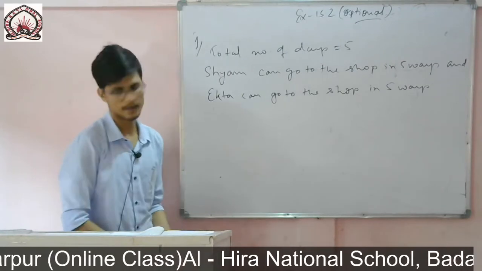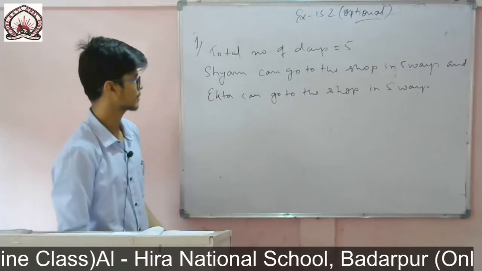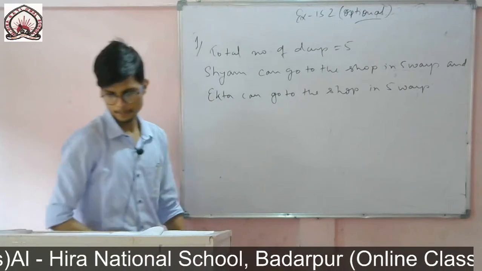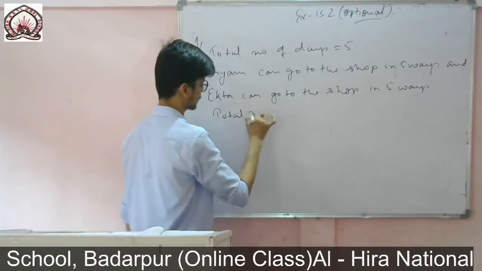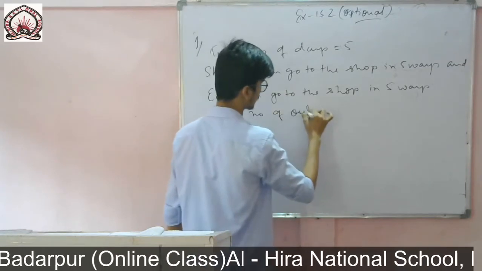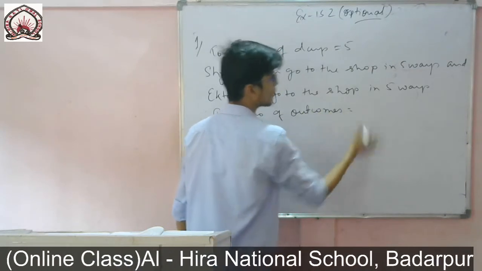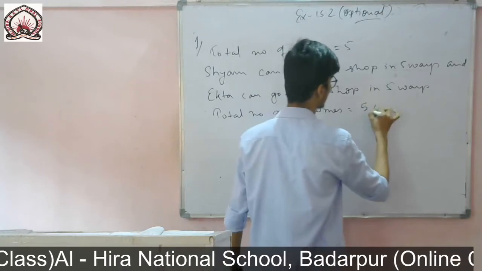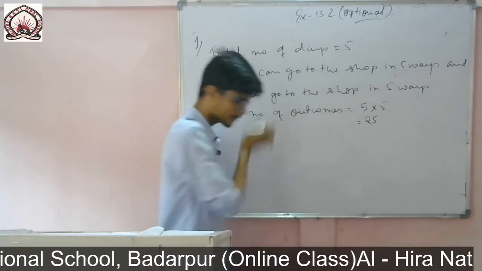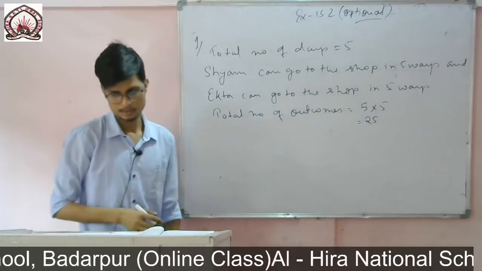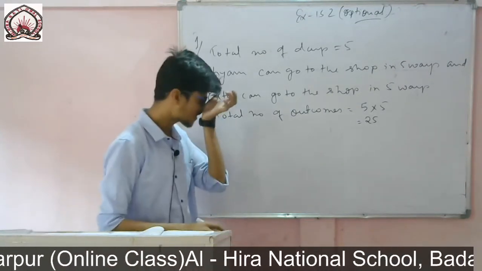That means 5 fives are 25. So the total number of outcomes is 5 into 5, that is 25. So I have got the total possible outcomes.